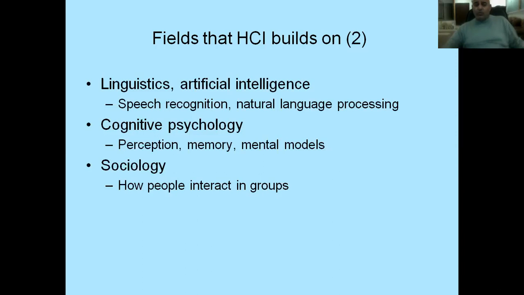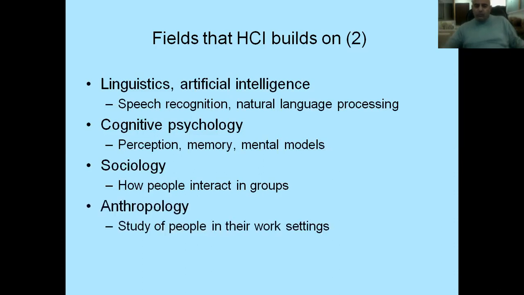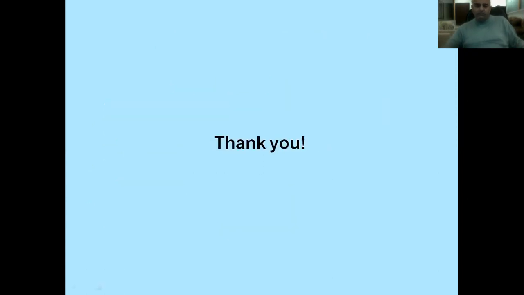Sociology, for social things: how people interact in groups, if we have a team or a class, how people interact with our work. All these we can measure. Anthropology, which is the study of people in their work settings.